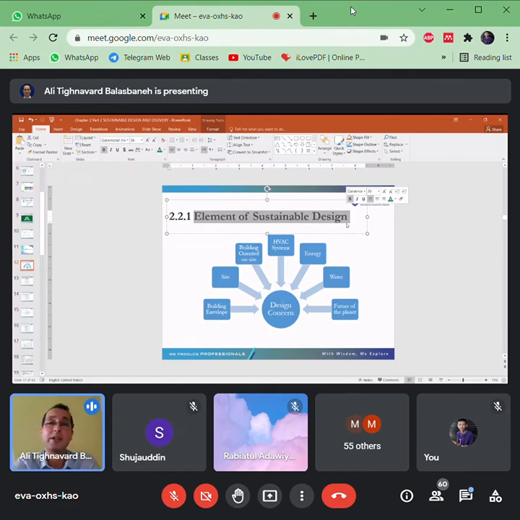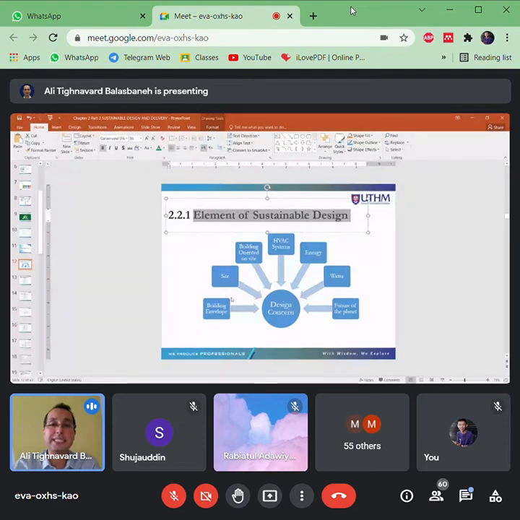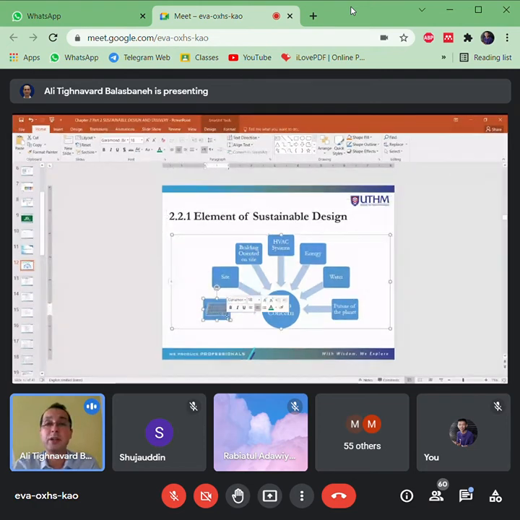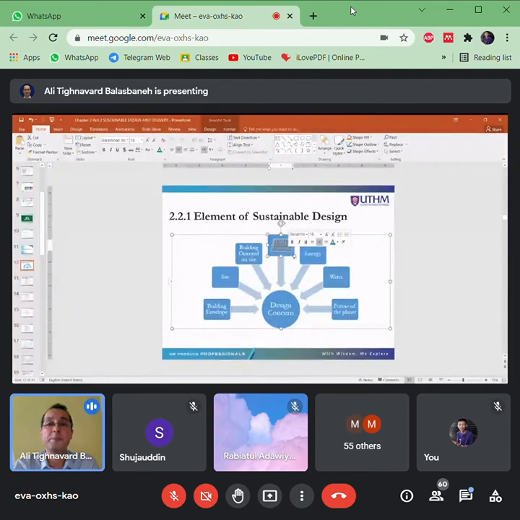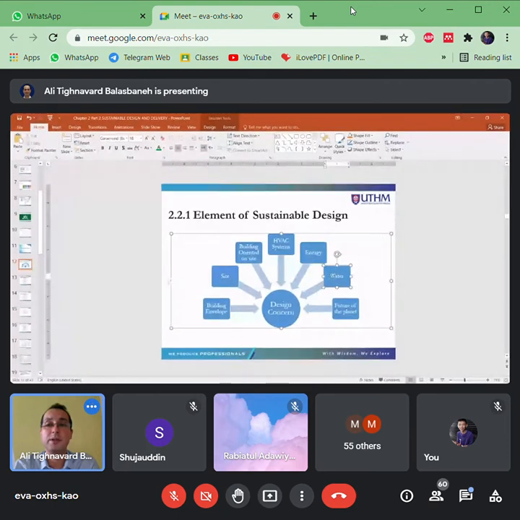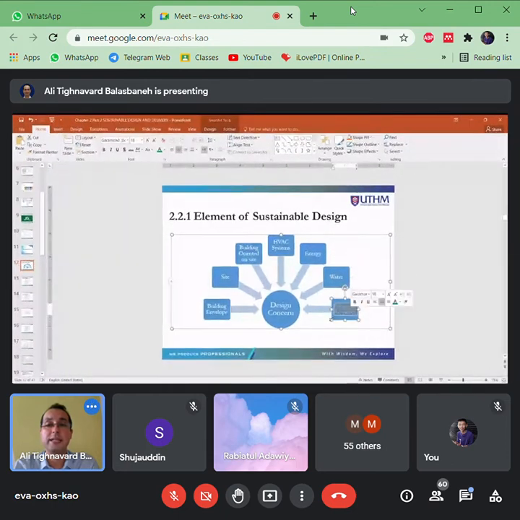They will give a mark to your building on how close it is to being fully sustainable or, vice versa, not sustainable. That depends on whether you follow all these elements: building envelope, the site, building orientation, the cooling system, energy system, water, and the element related to the future of the planet.